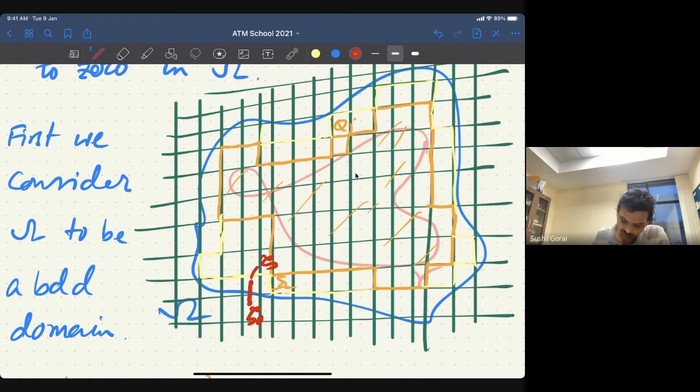Call this L naught. So we have L naught intersection omega delta is empty; omega delta is inside, on that side.